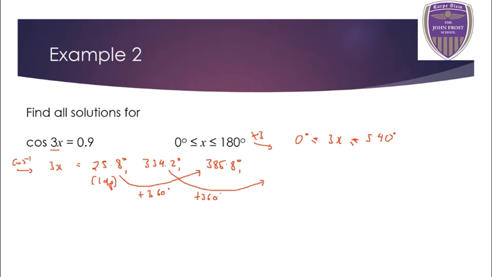So 385.8 plus 360 is 745.8 degrees. You can see that's outside the range, so forget that one, and we can stop. Now, to get x, just divide by 3. So 25.8 divided by 3 is 8.6 degrees.